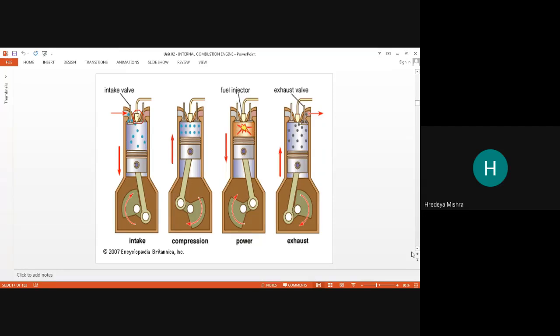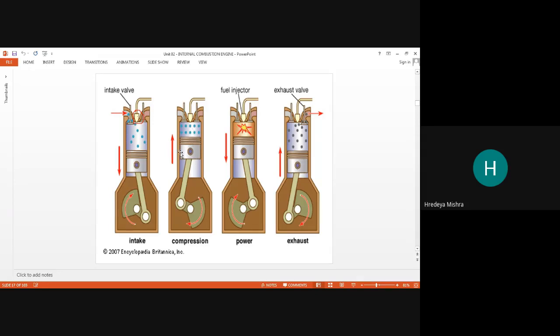In intake, air is filtered and enters the chamber. This is the cylinder, or we can say chamber, because the combustion chamber is here also. So air enters the cylinder, and after that the piston moves up to compress the air.